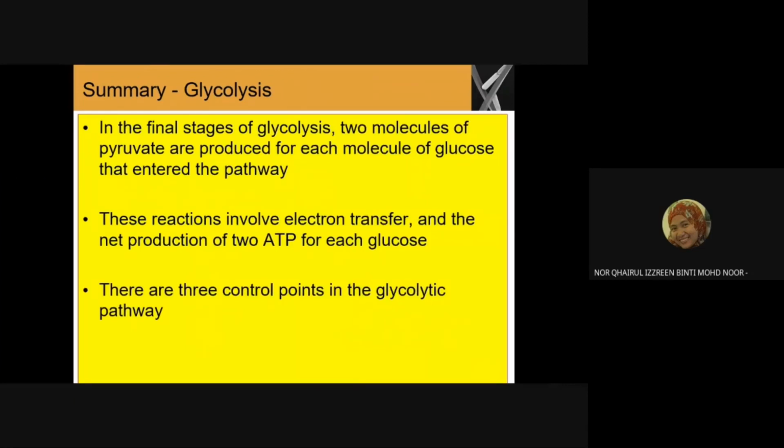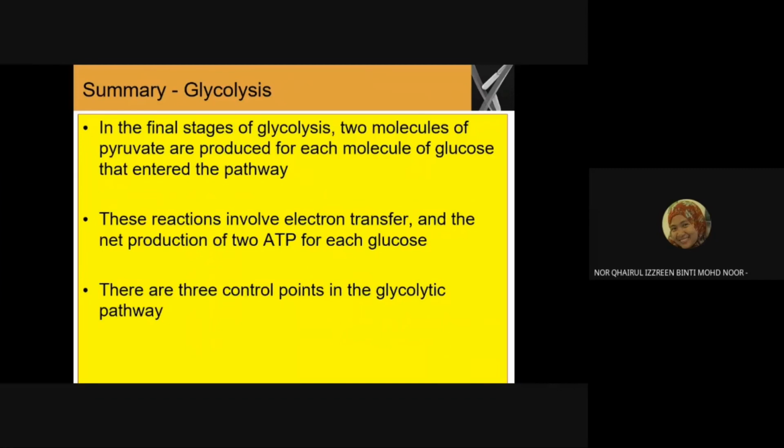So to summarize everything, in the final stage of glycolysis, two molecules of pyruvate are produced for each molecule of glucose that enters the pathway. Remember, one molecule of glucose produces two molecules of GAP, one directly and one from DHAP, which can later be converted to its isomer GAP.